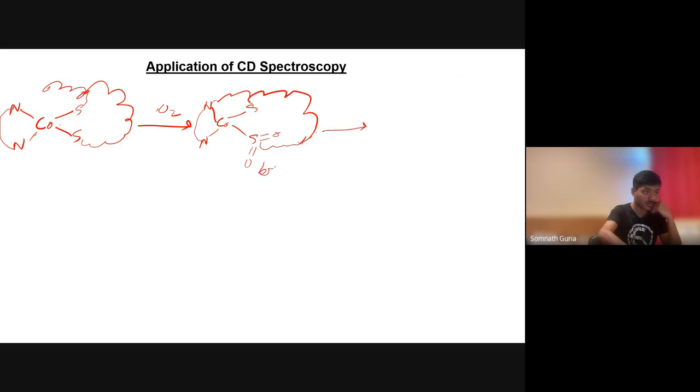This is also brown. This still remains cobalt 2, and then if you expose this for 24 hours, it slowly goes down into the cobalt 3.